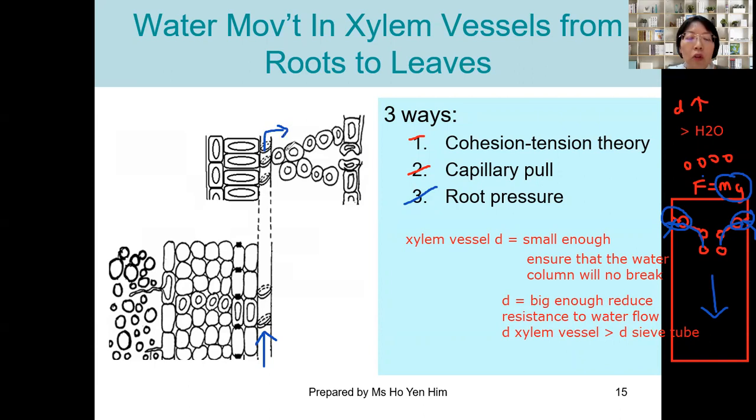This pulling force, or transpirational pull, is cohesion tension theory, whereas root pressure operates from the root and pushes the water column up. Capillary pull is because the water molecules climb up the wall by adhesion, and then also pull the rest of the water molecules up with them.